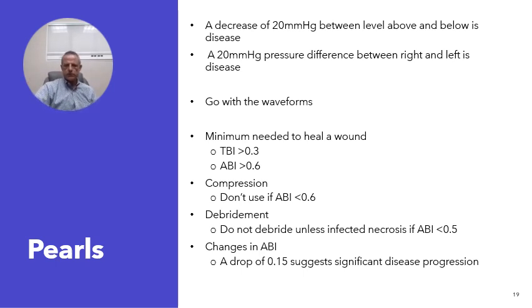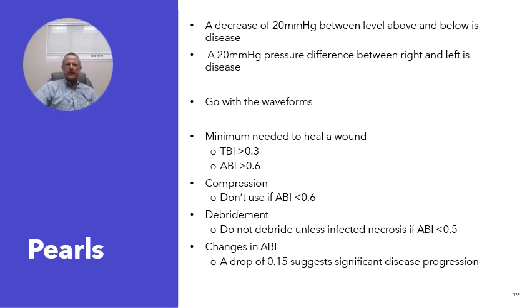The Smart ABI has a whole bunch of information on it. This is good. There's more detail on these additional pieces of information if you want to go into those, but for the purposes of wound care and for the purposes of screening patients to ensure that they have adequate blood flow to their lower extremity, we don't really need to look at anything other than the ABI number, the TBI number, and the waveforms that go along with that. There's a couple of caveats that I'll let you know here.